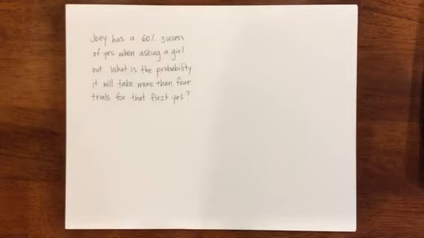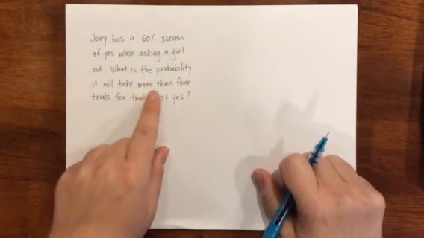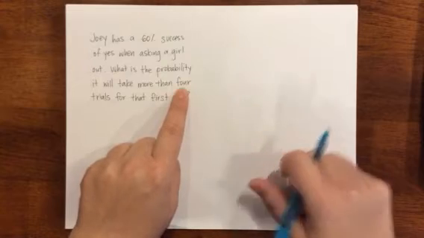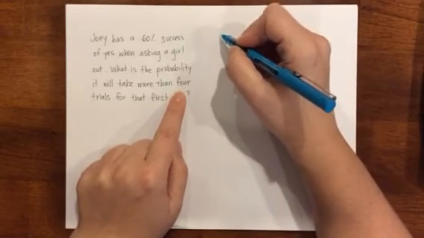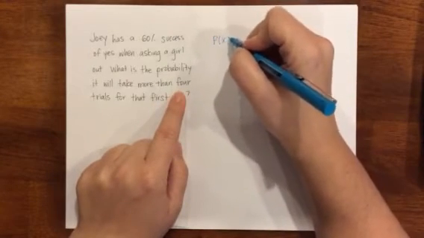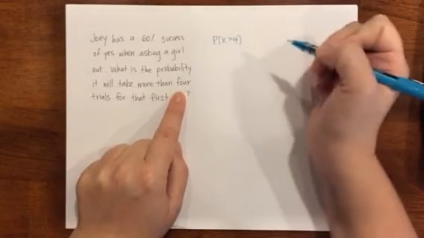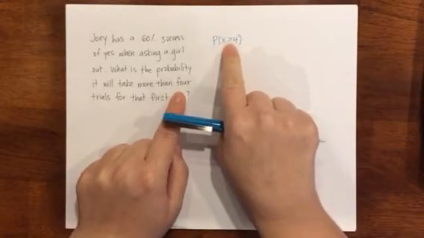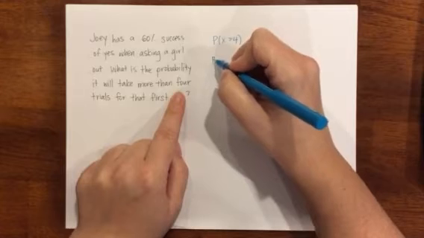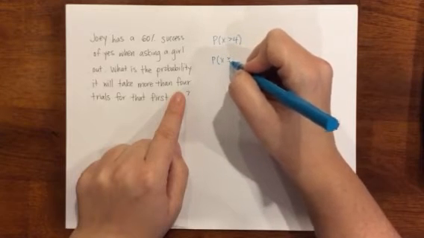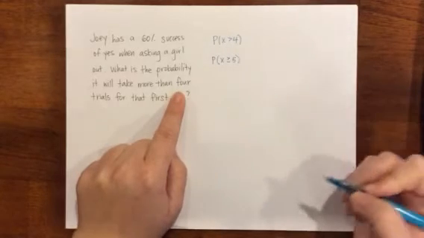All right. So Joey has a 60% chance of girls saying yes to him. What's the probability it'll take more than 4 for the first yes? More than 4. We like to write that as an inclusive probability. So we're going to say that that's greater than or equal to 5.